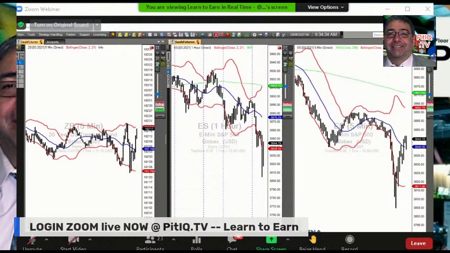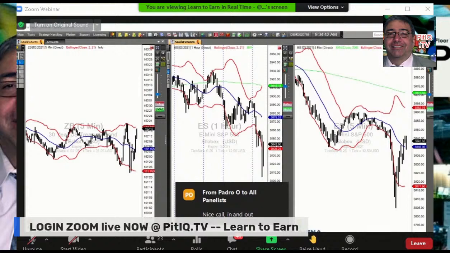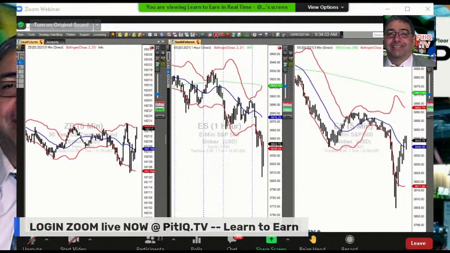And a nice little push here off of that little support area. So again, the market was down, a little downturn earlier. We're a little bit bullish as long as we stay here above the 38 area. Nice trade, Padro.